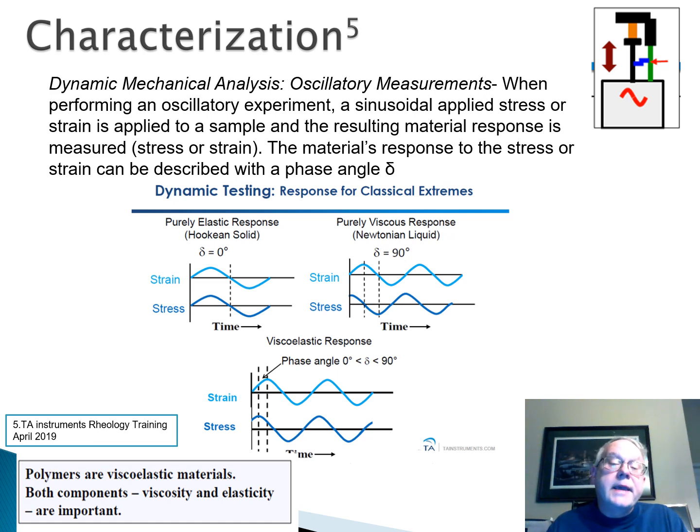When the DMA applies the stress and records the strain, it also records the phase angle, which is the angle between the stress and strain curves. If the phase angle is 0, it's a purely elastic response. If the phase angle is 90 degrees, it's a purely viscous response. But since polymers are viscoelastic materials, the phase angle is between 0 and 90 degrees, and the instrument uses the phase angle to calculate the storage and loss modulus.